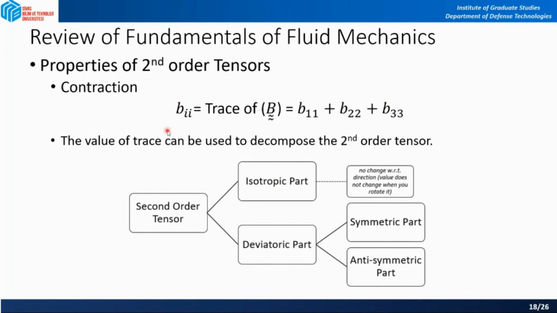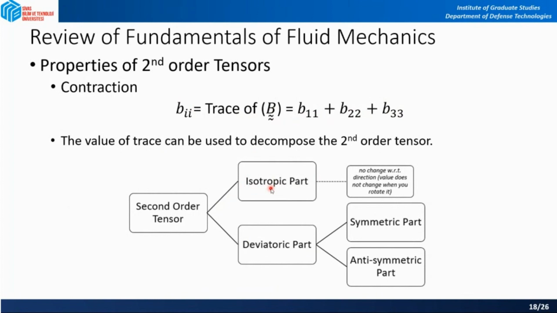Normally, when we want to decompose second order tensors, like this B_ij, we can decompose it into two parts. One part is called the isotropic part, and one is called the deviatoric part. Isotropic, as the name suggests, means it is not changing with respect to direction.